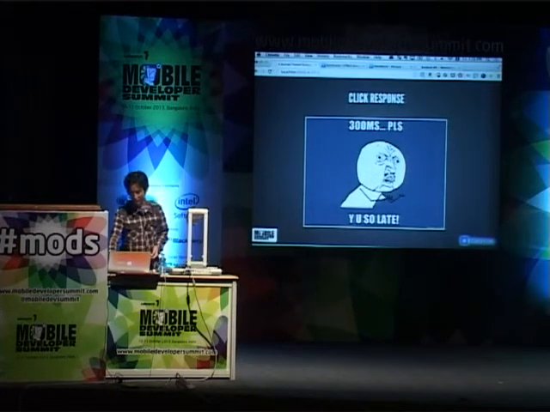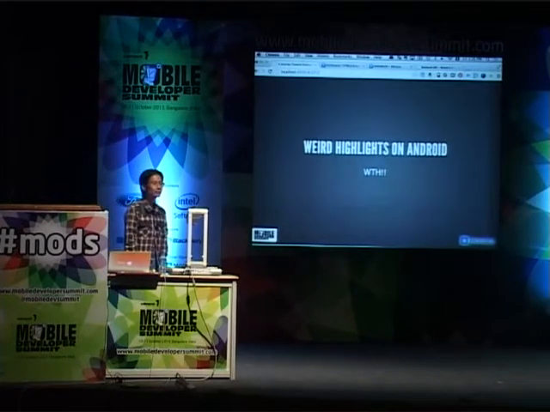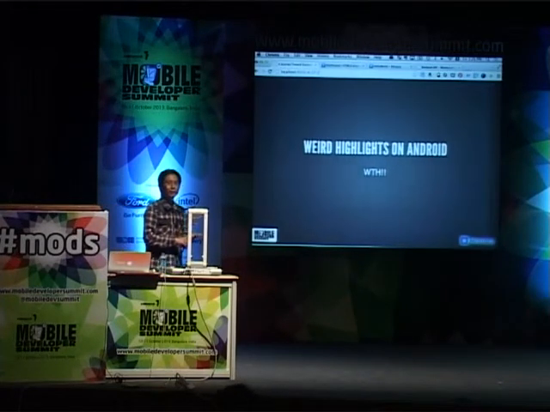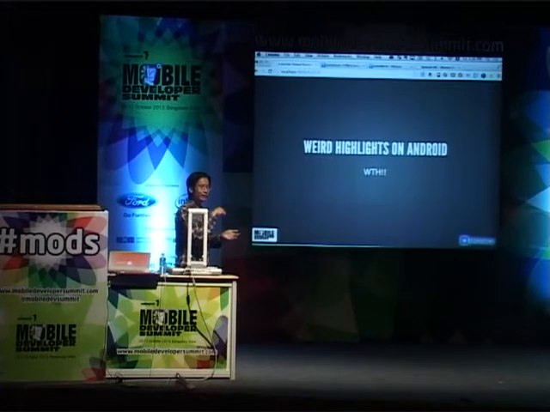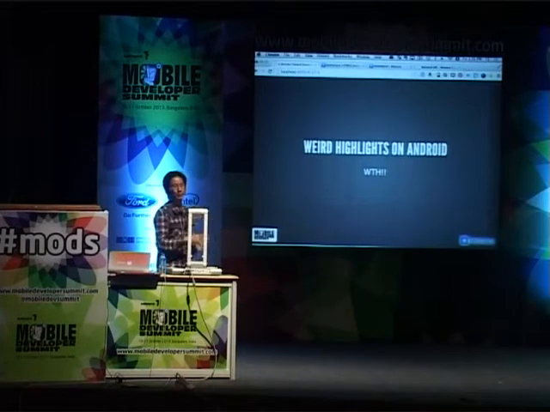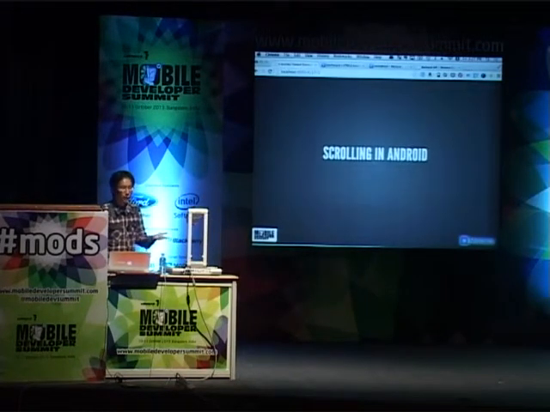The other thing is the tap highlights on Android. Especially on 4.0.3 and 4.0.4, when you tap and the animation moves, there's a highlight that sticks there, and it just doesn't go away. And scrolling in Android sucks.